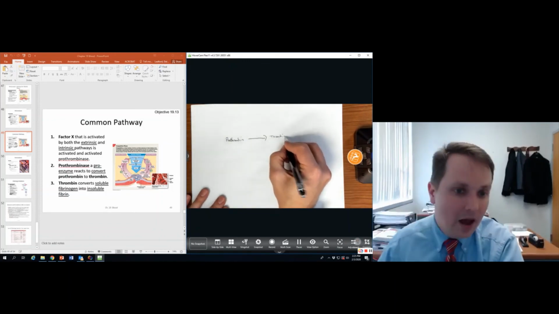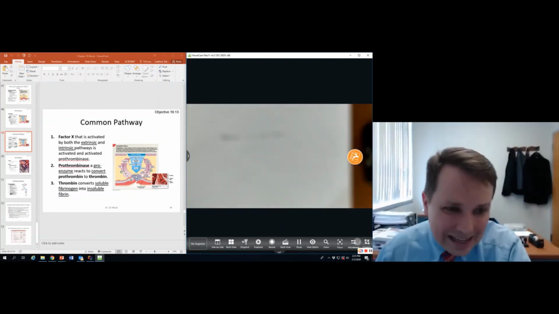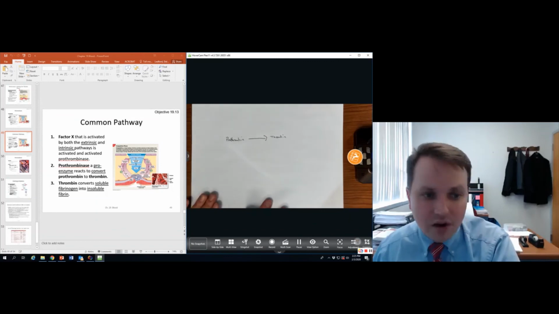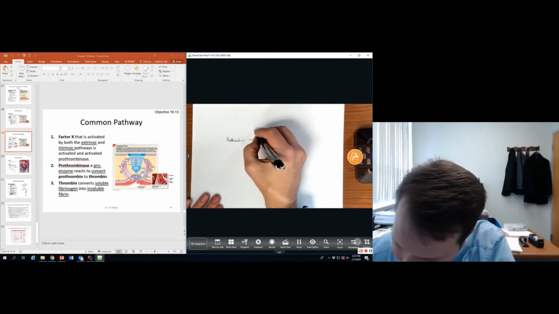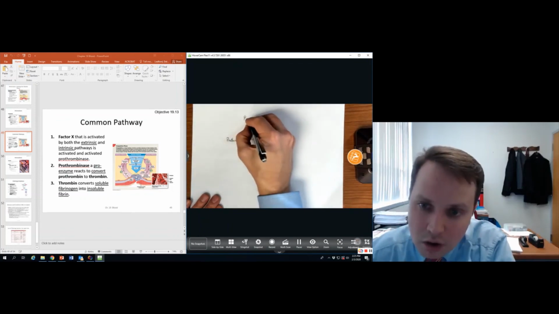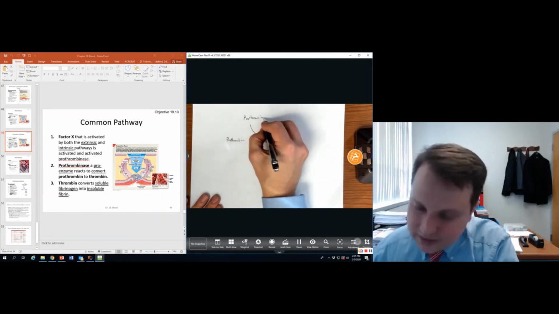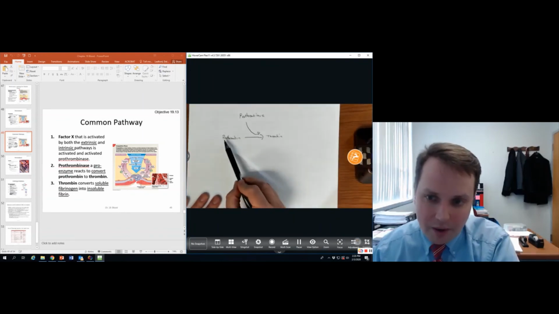Now, how do we do that? Well, we need an enzyme to turn prothrombin to thrombin. That enzyme that cleaves this is called prothrombinase. And prothrombinase turns prothrombin to thrombin.